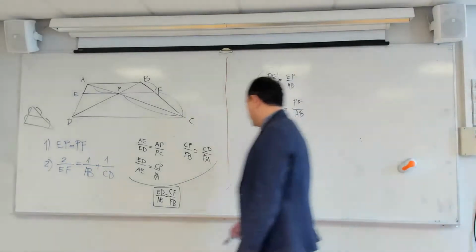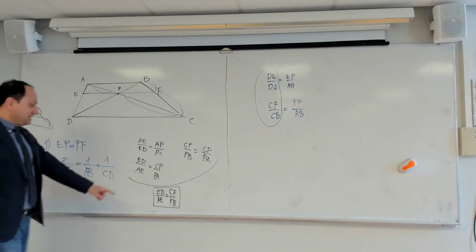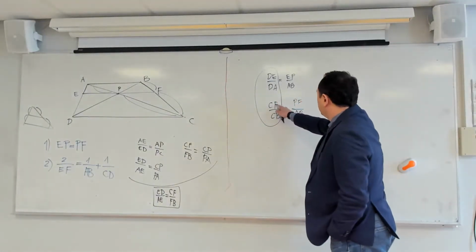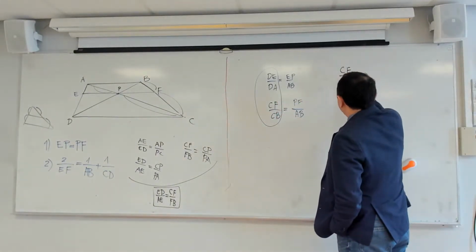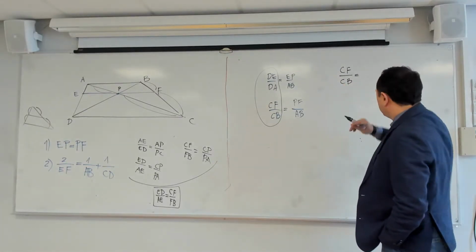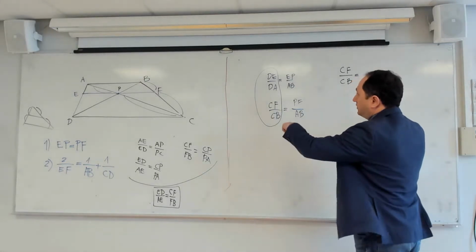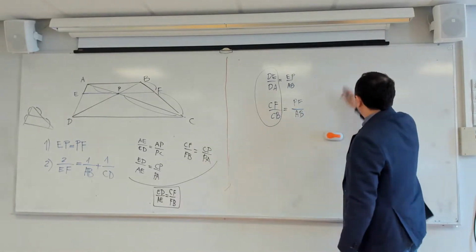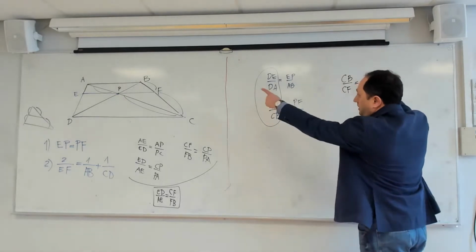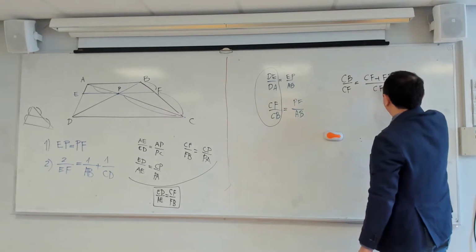I think we can do it actually. So what is left for me is, let us start from here, for example, CF over CB. Let me start with CB over CF. Instead of CB, I can write, look at the picture, CF plus FB divided by CF.